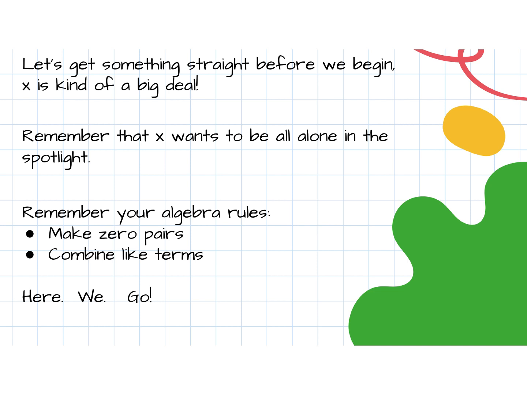So we have some algebra rules that help us get X all by itself. They were make 0 pairs and combine like terms. So we did that on our maths. Today we're not going to have our maths. We're just going to have some expressions, some inequalities, and we're going to see if we can make some 0 pairs, combine like terms, and see where that takes us. So here we go.